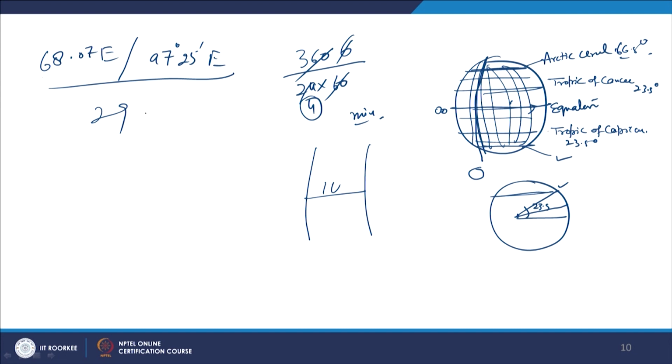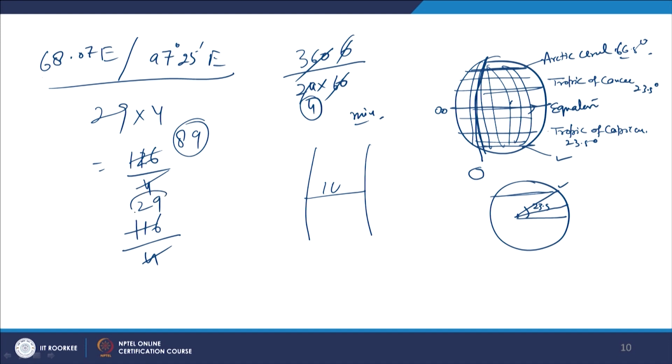29 broadly, 29 into 4 is 116 minutes, and you divide this by 4, it is 29.